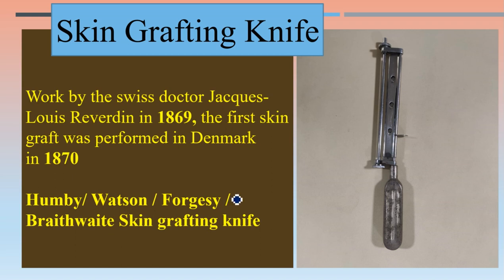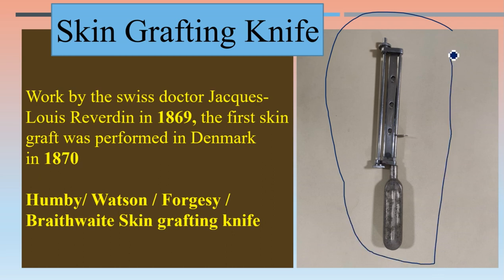And finally, the skin grafting knife. There are various types of skin grafting knife. This is the usual one, in which we insert the blades that cut the skin graft. This is the handle. We can hold this instrument from this place, and from this place we can adjust the thickness of the graft. Reverdin, in 1869, in Denmark, performed the first skin graft.